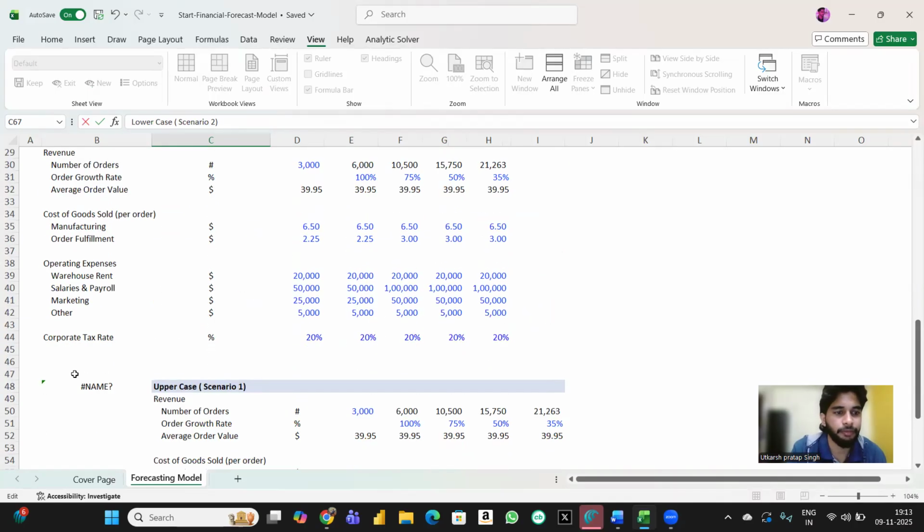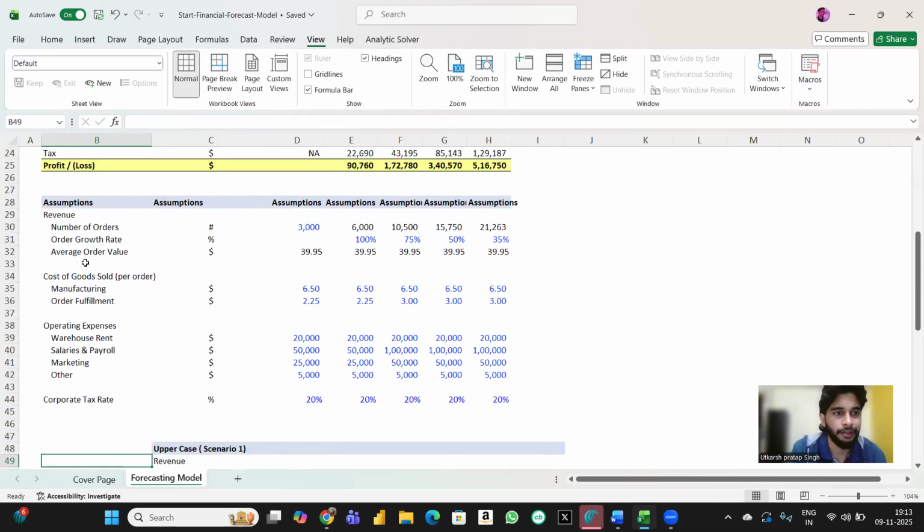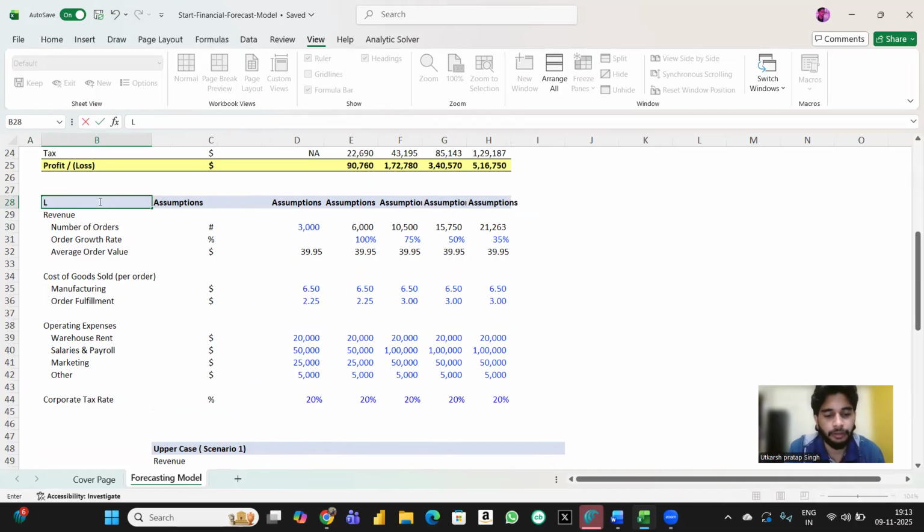And this original assumption would be renamed as live case.